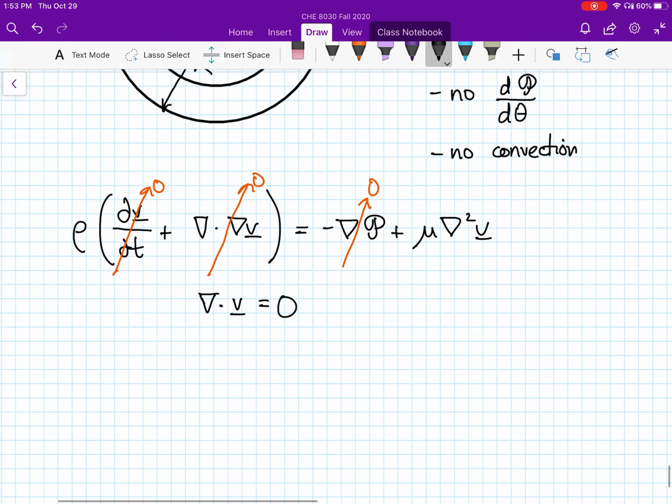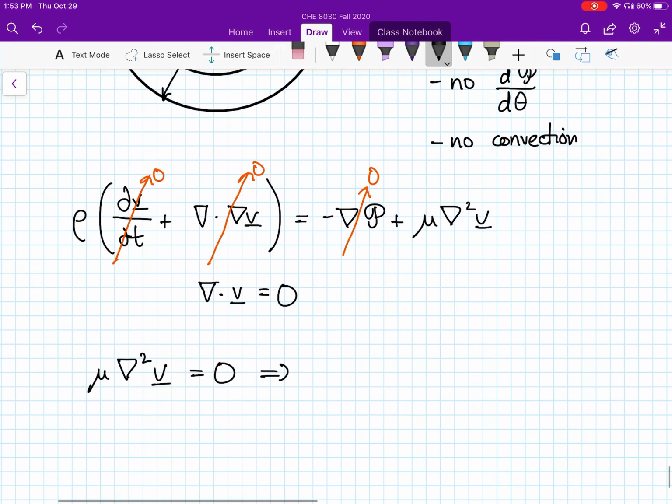So we are simply left with the equation of the viscosity times the Laplacian of the velocity is equal to 0. I can convert that to cylindrical coordinates, and I end up with the following equation.